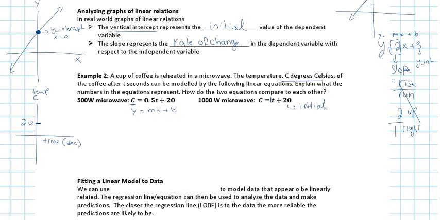So the coefficient of t, so 0.5 and 1, are the rates of change. So they're the slope, right?